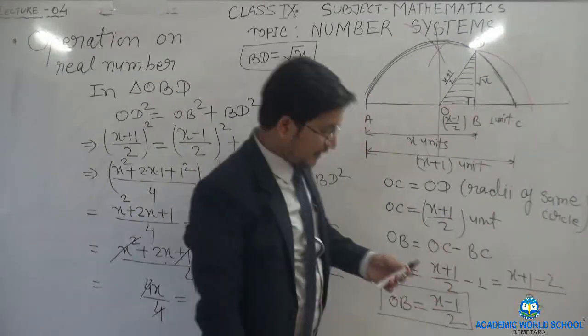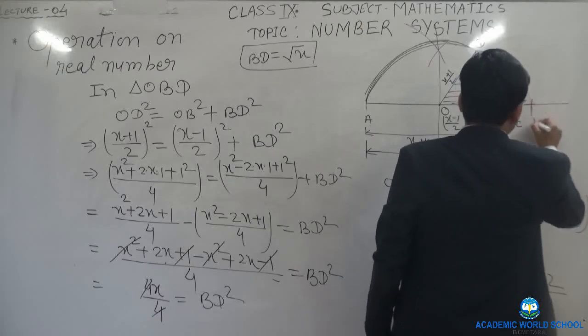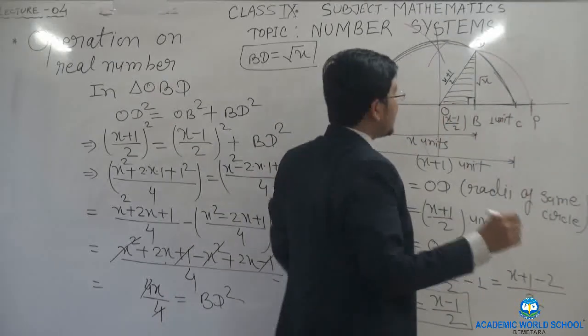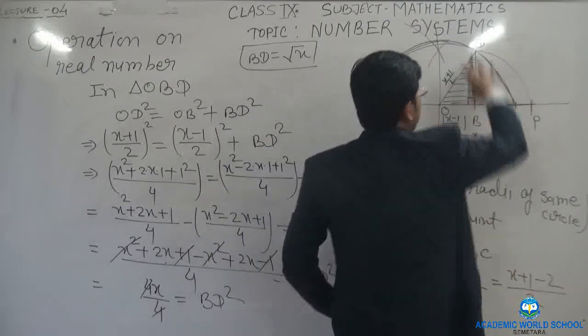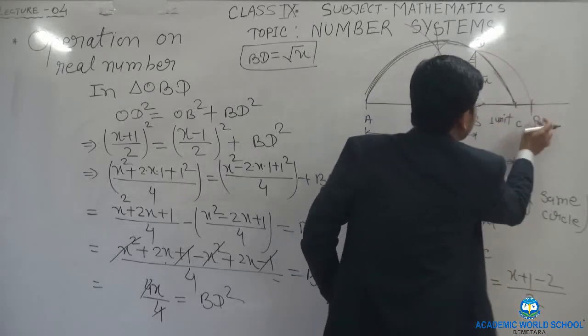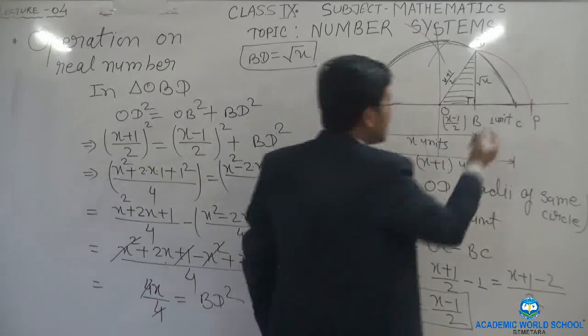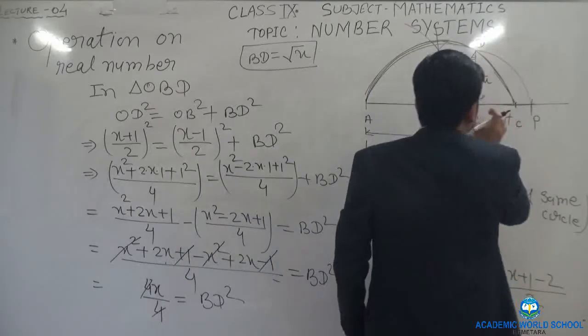So this is the point. Let's say this point is P. So it means now BD is equal to BP, and this point P represents root x.